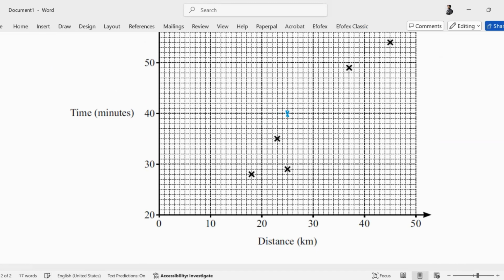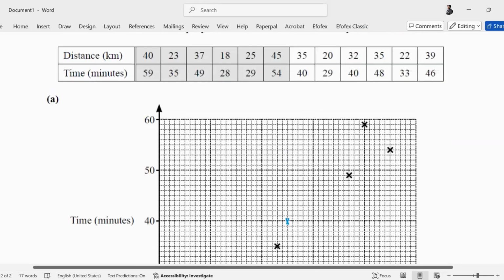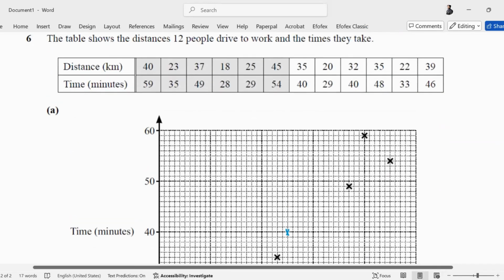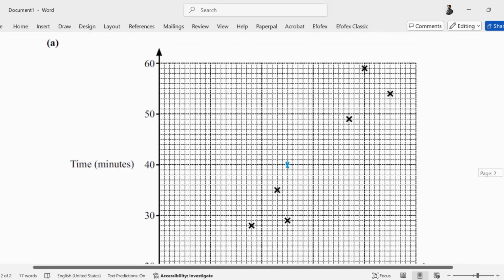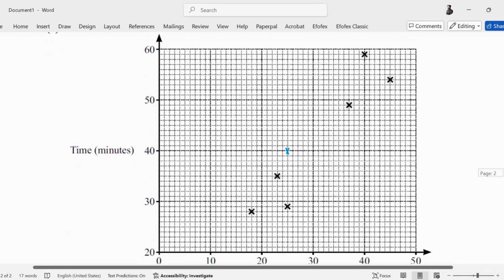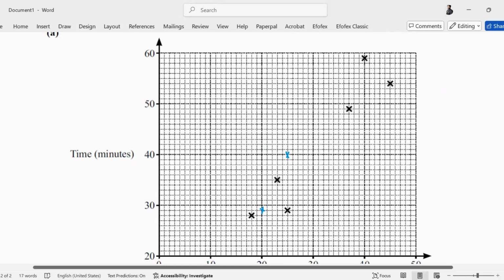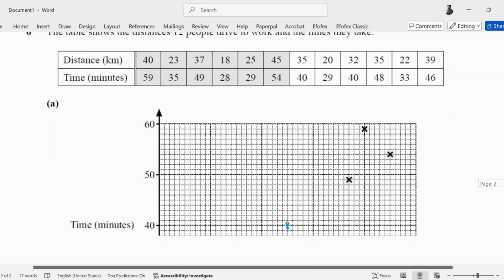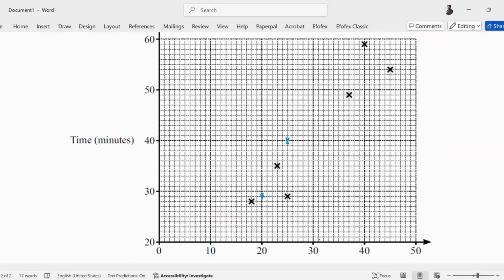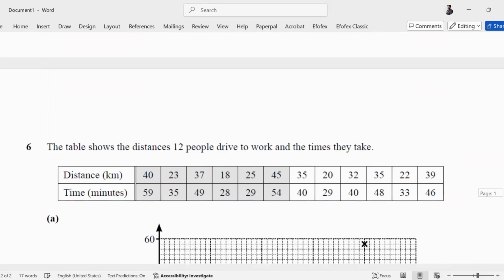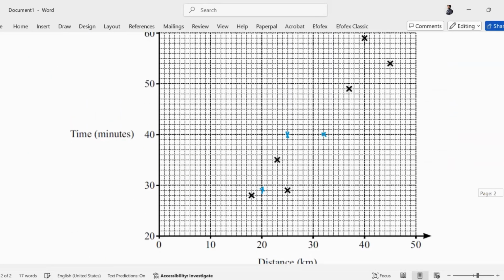This is the point. The next is 20 and 29. 20 is the distance and 29 is the time. The next is 32 and 40. The next is 35 and 48.